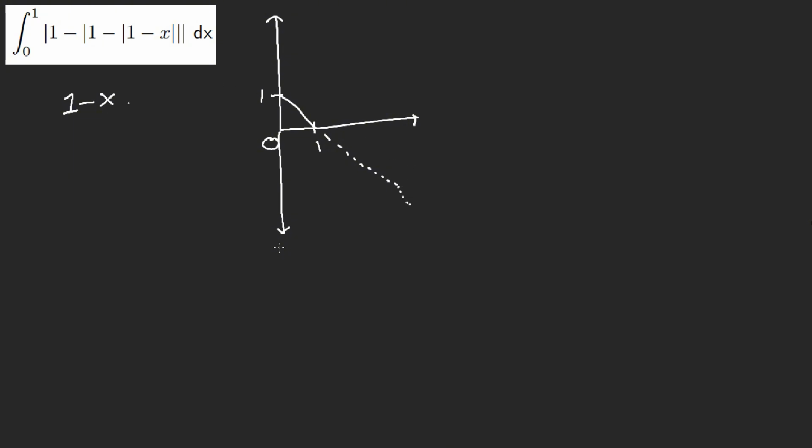Because after you graph 1 minus x, I want you to absolute it. Now, what's that going to look like? It's going to reflect. So it reflects at 1. Okay, so we got that. Now I want you to do 1 minus this. Now, what does that mean?